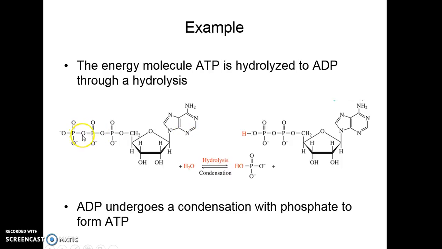Where this oxygen lost the phosphorus, you put on a hydrogen. And so we had hydrolysis. Now what happens? They can go back on. They can do condensation. If you take this off and take this off and join where you removed something, then you get this molecule back again.